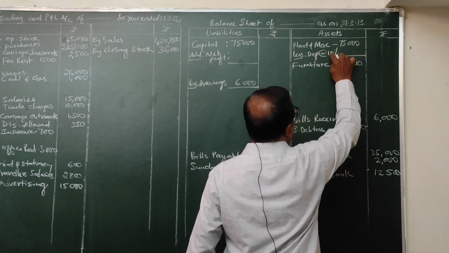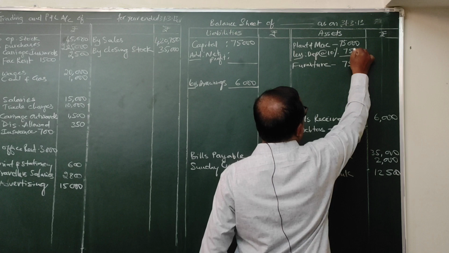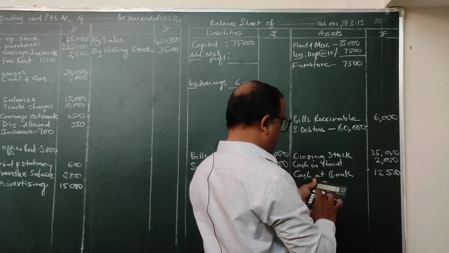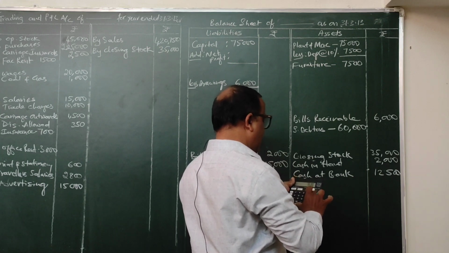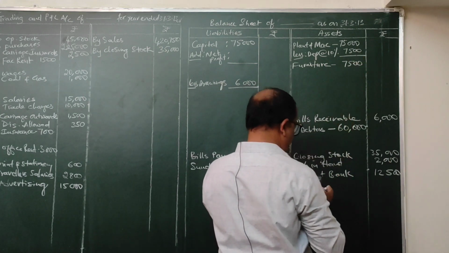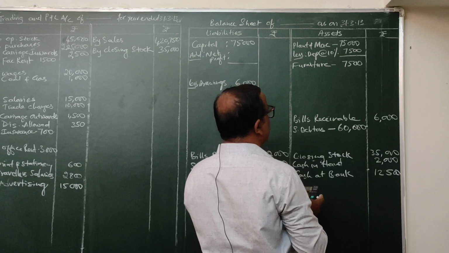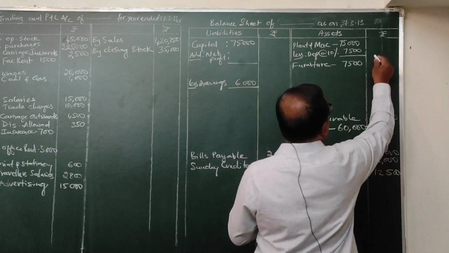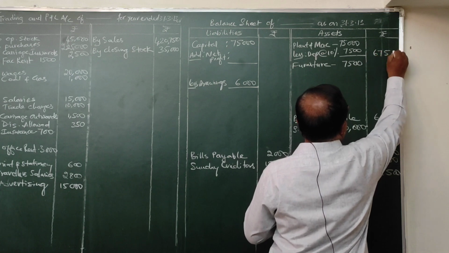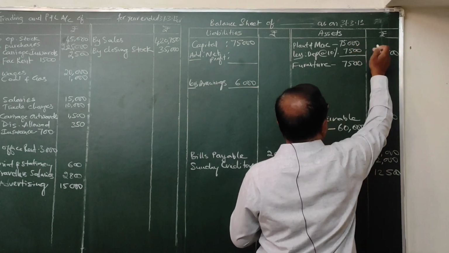So on 75,000, 10% means it will be 7,500. How will you calculate? 75,000 into 10 divided by 100, so it will be 7,500. So 7,500 subtracted from 75,000, the remaining balance will be 67,500, which we provide in the outer column, the difference between these two.